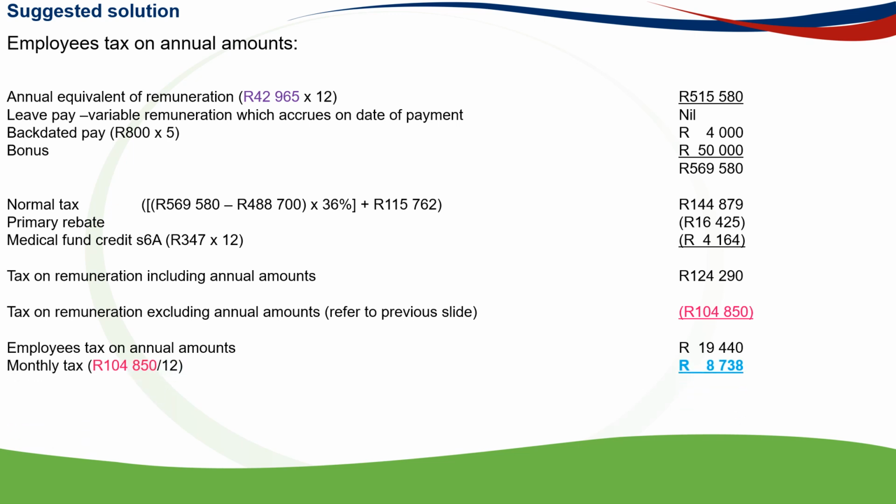And then it was required to calculate the employee's tax for December. So we also have to add the monthly tax, which we calculated in the previous calculation, which was 8,738 Rand, and that then gives us a total of 28,178 Rand that was calculated as employees' tax in December.